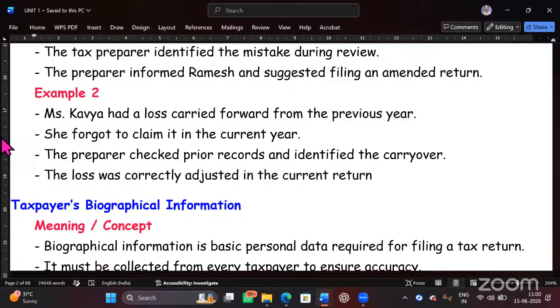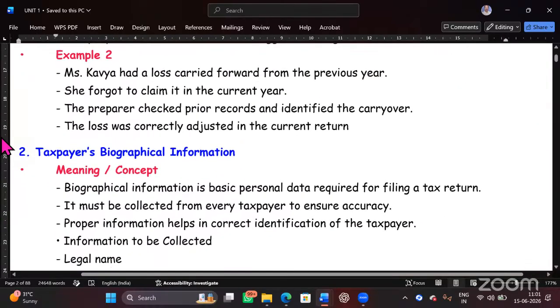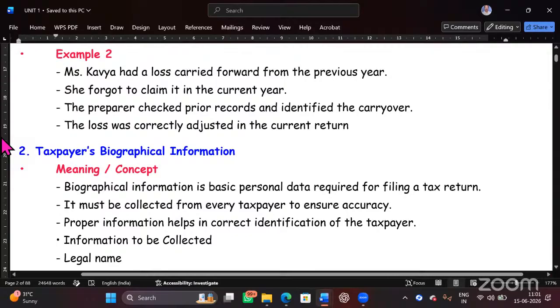So because last year's loss is carried forward and adjusted in the current year, the tax burden is reduced. In this way, we need to get the information from last year's returns. That's why we have to study last year's returns clearly while preparing the current year's returns.